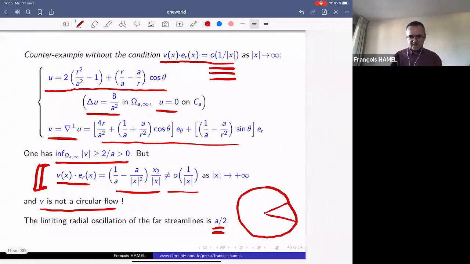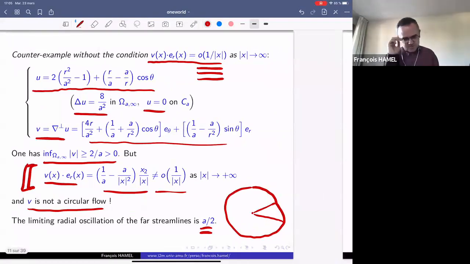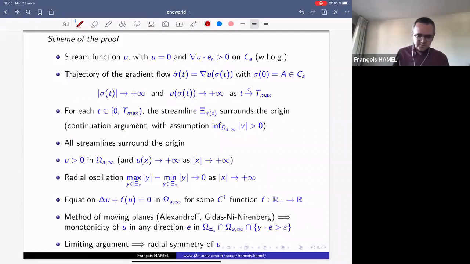And the scheme of the proof shares some common features with the previous one. So we can still define a stream function u. And without loss of generality, we can assume that it is equal to 0 on the cycle of radius a, so the boundary of the domain.